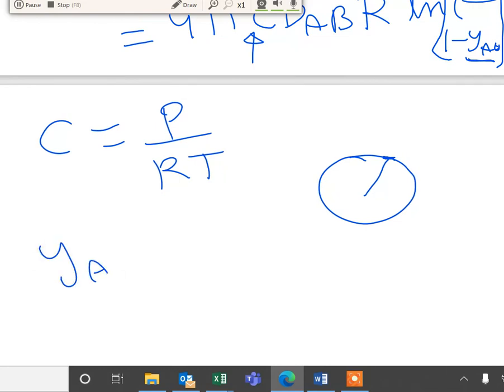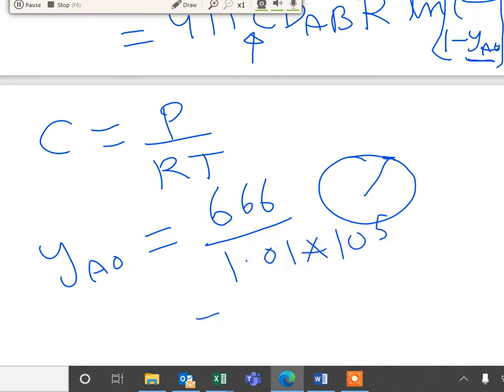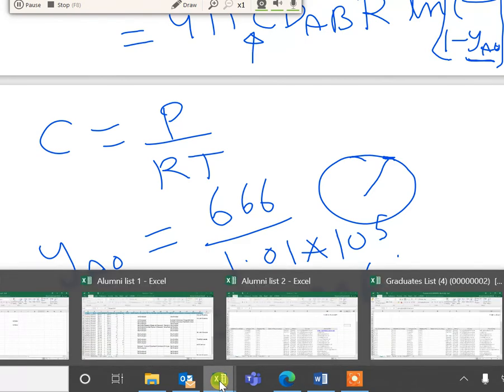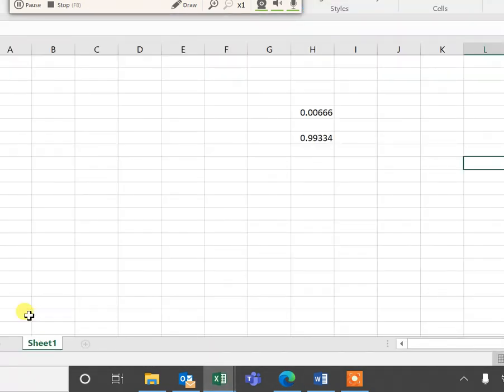yA0 will be the vapor pressure divided by total pressure. Okay, which will be 0.0066.